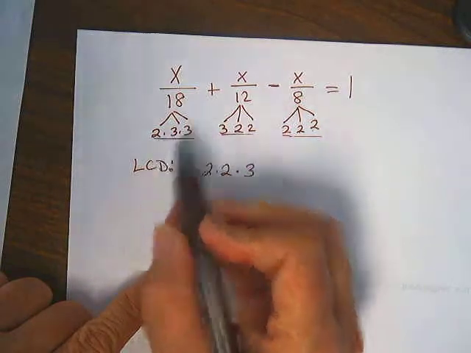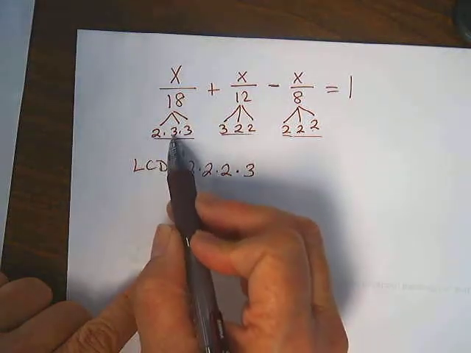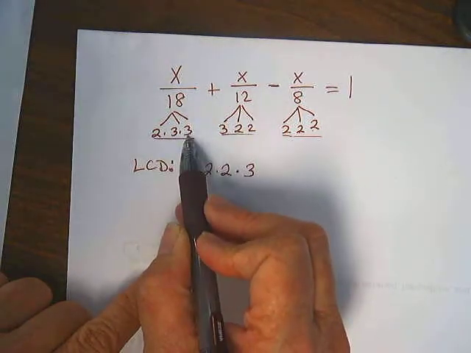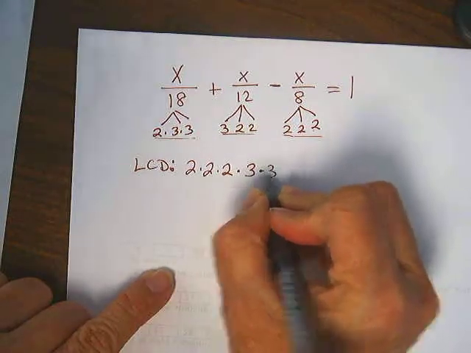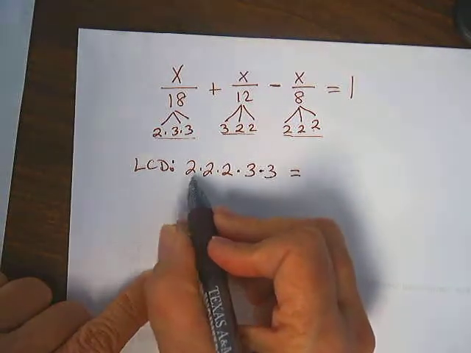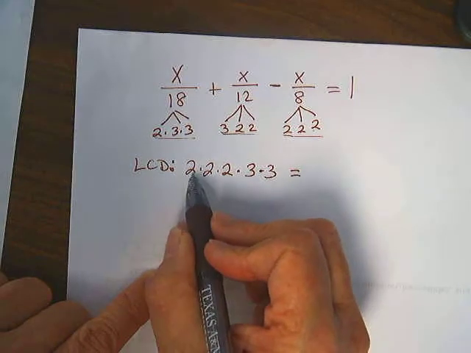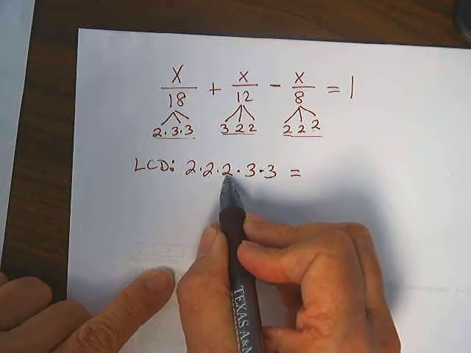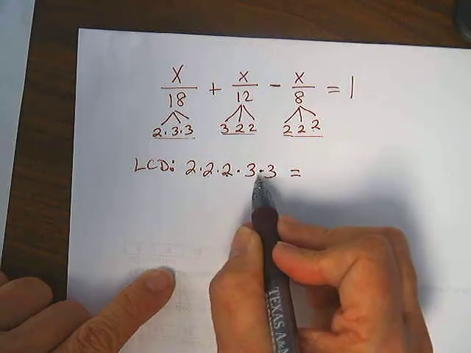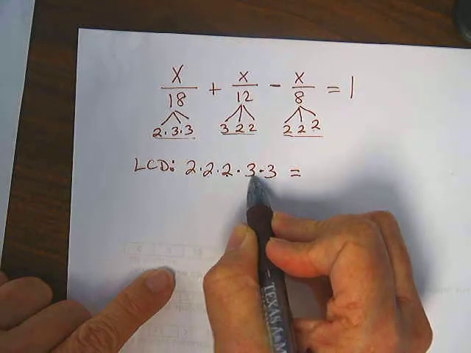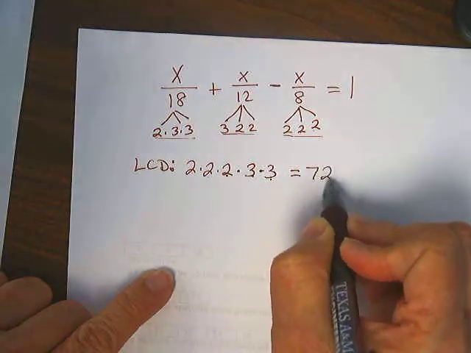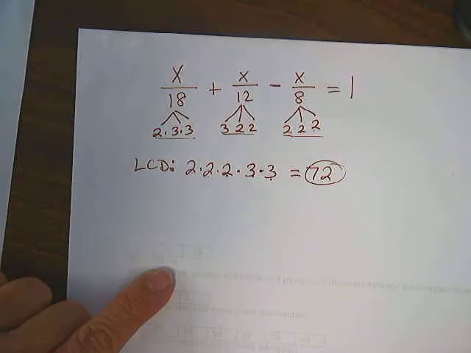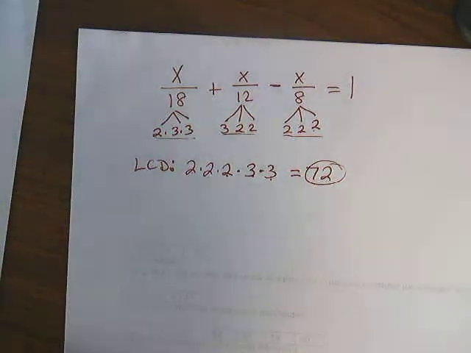And my first one says I need a 2, got it. I need a 3, got it. And I need another 3, so we need to add that in. So my lowest common denominator I get from all these unique factors: 2 times 2 times 2 is 8, times 3 is 24, times another 3 is 72. So 72 is my lowest common denominator.